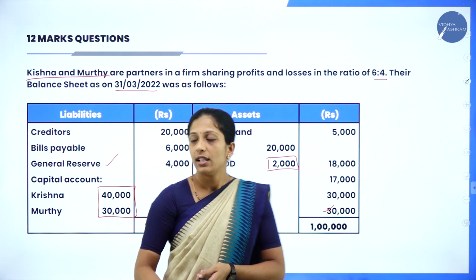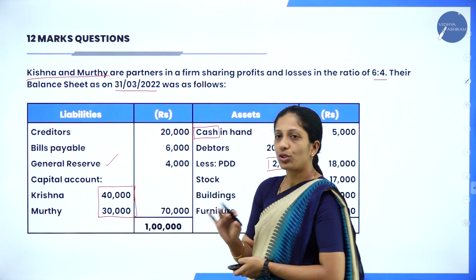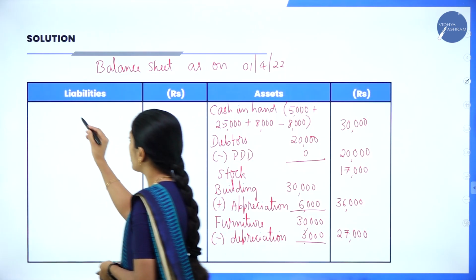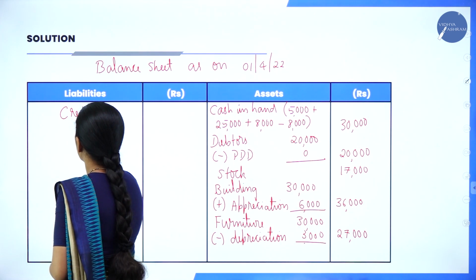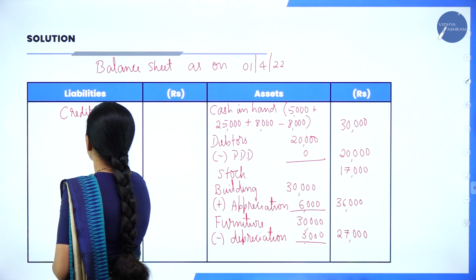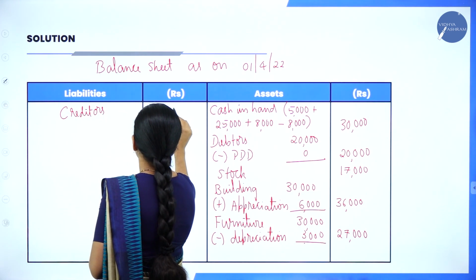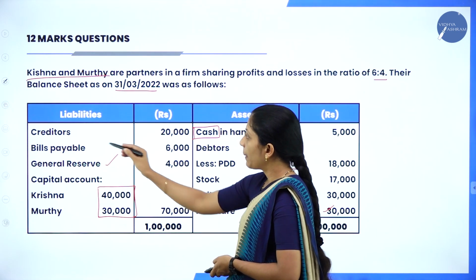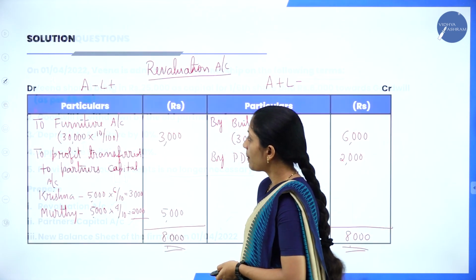Furniture is also done. Now coming to liabilities, creditors. No change in creditors, 20,000. Creditors 20,000. Next we have bills payable 6,000.